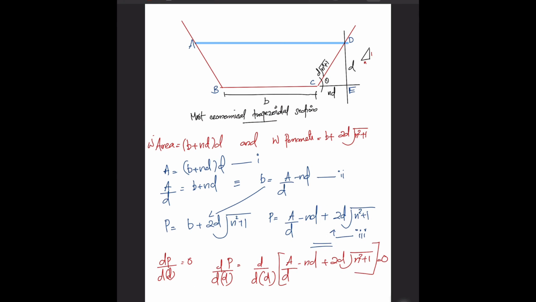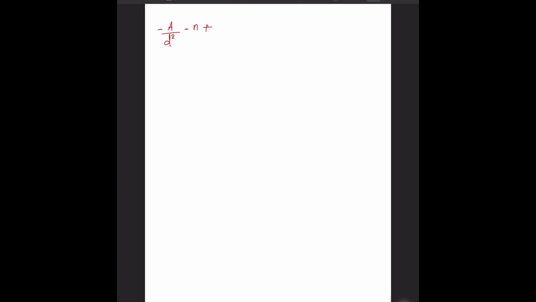Differentiating, we get minus A by d square, since A is a constant and d is the variable, minus n, d will disappear, plus 2 into root of n square plus 1, which will be equal to 0.